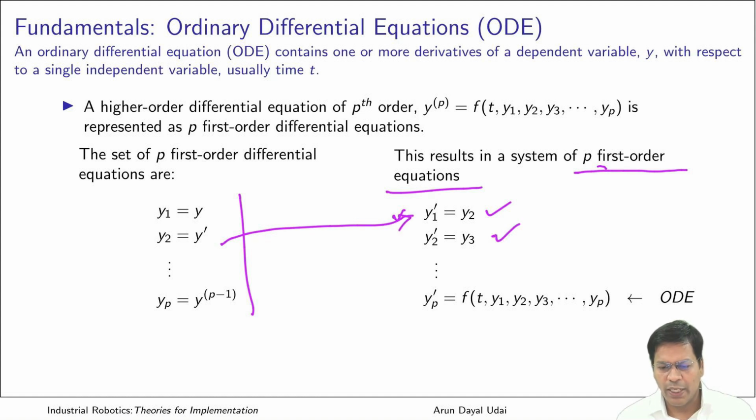Similarly, y2 dash is equal to y3. That was your second term. y3 is y double dash, and y double dash means y2 dash, which can be obtained from here. Similarly, y3 dash will be equal to y4, and so on and so forth till finally you get yp dash.